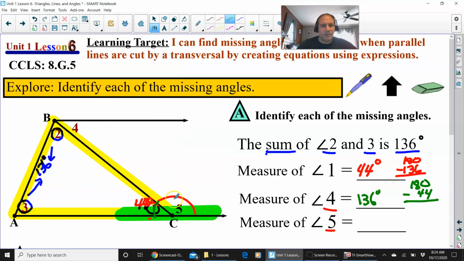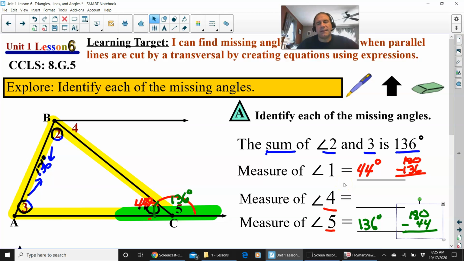And then at this point, I'm going to put 136 degrees right here. Okay, so now all I need, and actually that is wrong, so we're going to change that. That was the measure of angle 5. I went to the angle 5 first, so I'll change that right now. So that's the measure of angle 5, 136 degrees.